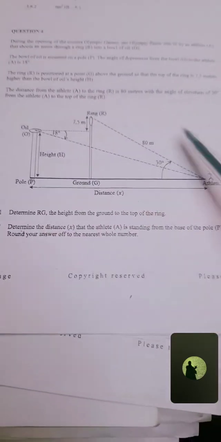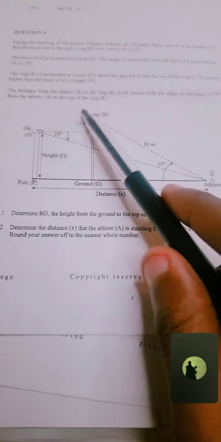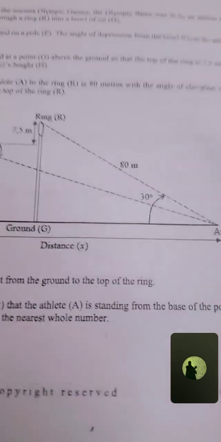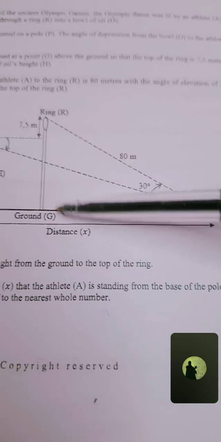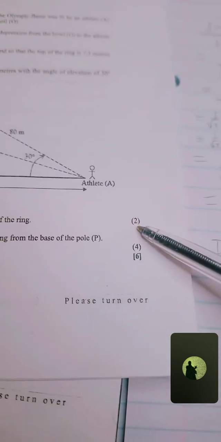I really like that you said that. Because there are so many things happening here. This diagram is very busy. But if we zoom in and focus on a specific aspect of the diagram, then it will assist us. This is for 2 marks, by the way.